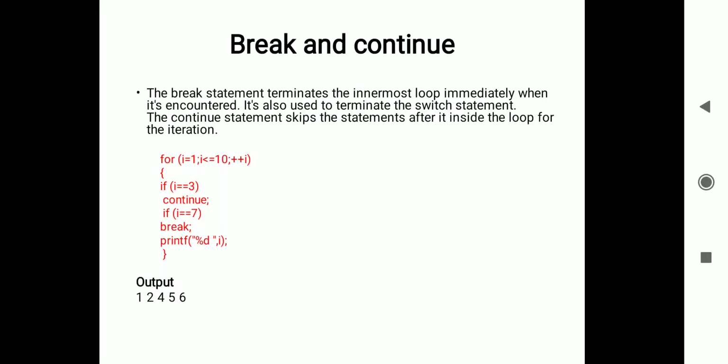In the continue statement, the statements after it inside the loop are skipped for that iteration. It skips the value i equal to 3 and continues up to 7. The output displayed on your screen is 1 2 4 5 6, because of the continue statement when i is equal to 3.